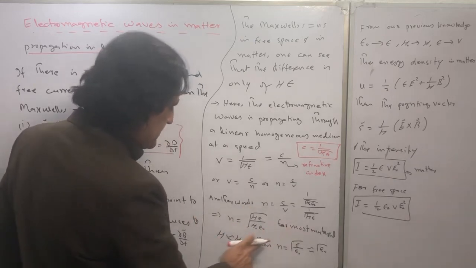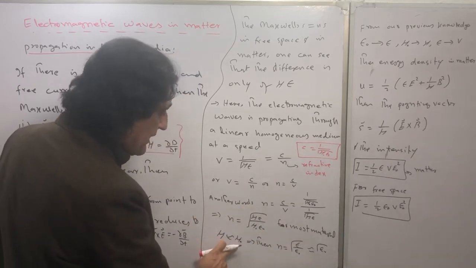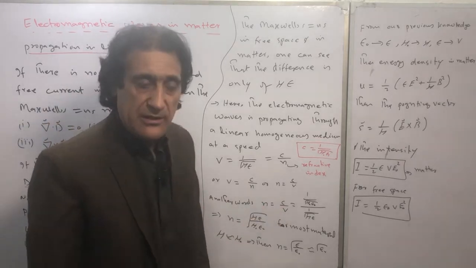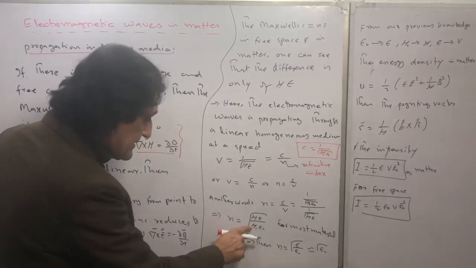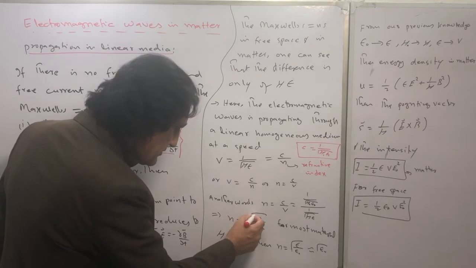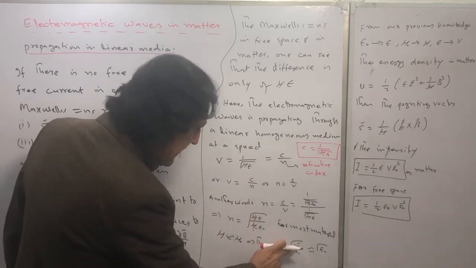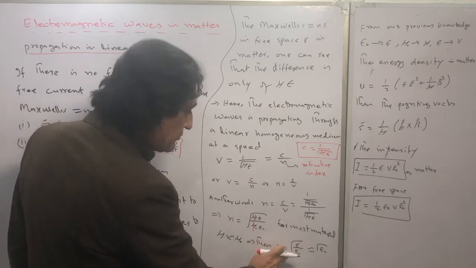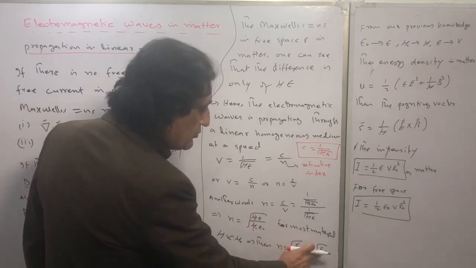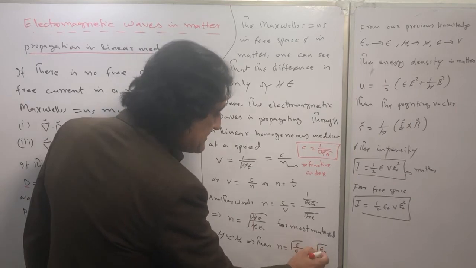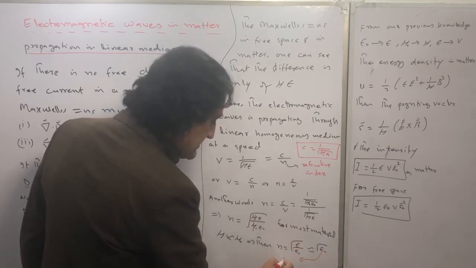For most materials, mu and mu naught are approximately equal, so these cancel out, and we have n equal to the square root of epsilon divided by epsilon naught, which is the square root of the relative permittivity.